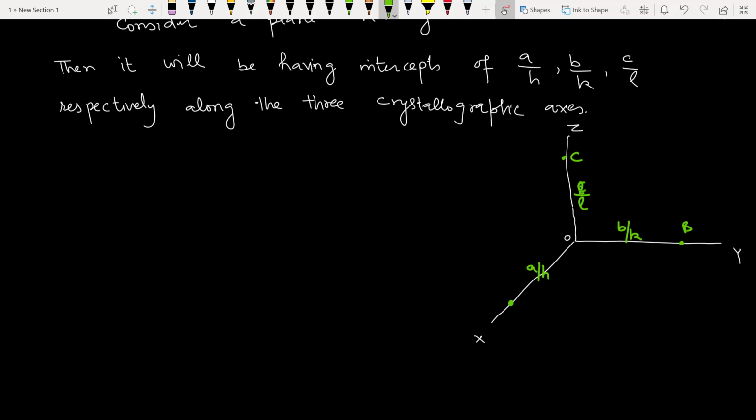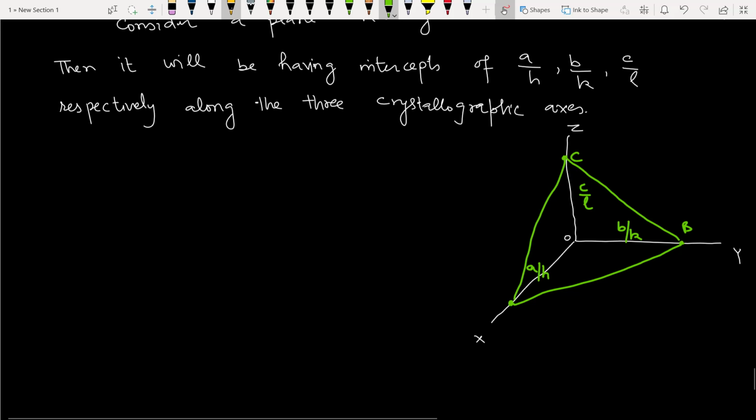So these are the three intercepts, and we join the three. This is the crystal plane having Miller indices HKL, and we draw a perpendicular on this crystal plane like this at point N, and d is the length of this perpendicular. This perpendicular makes an angle of alpha with the x-axis, beta with the y-axis, and gamma with the z-axis respectively.